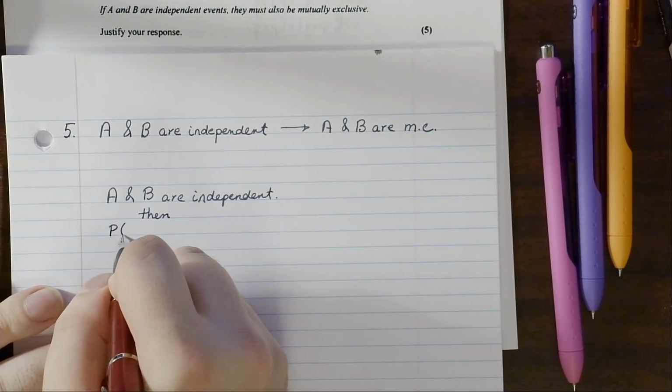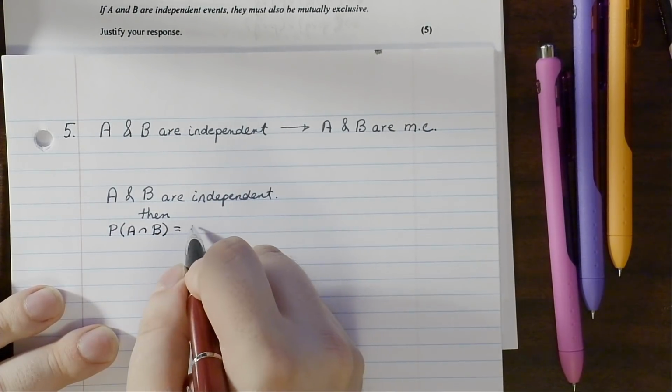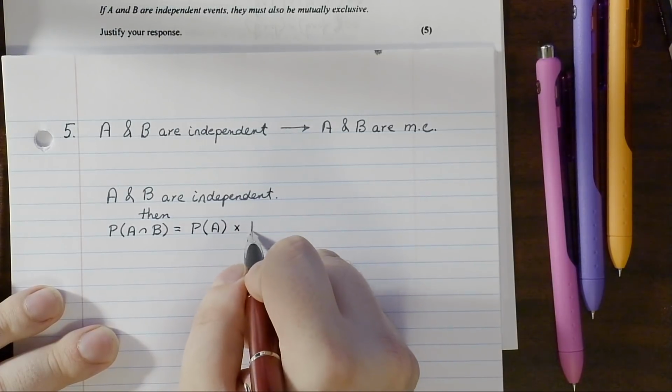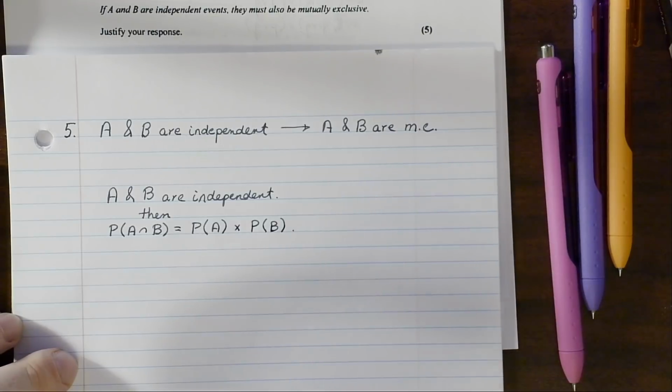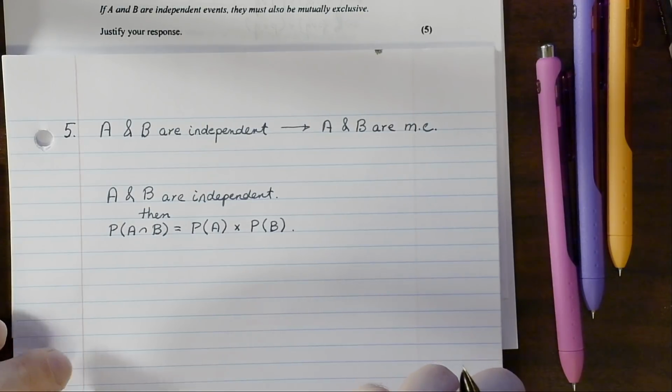So it means that the probability of A intersect B is simply just multiplying the two probabilities of A and B together.